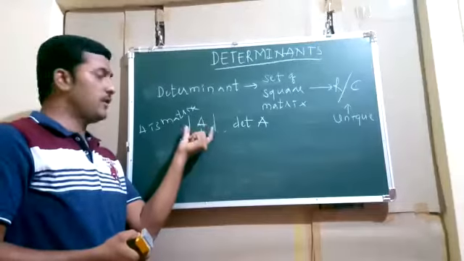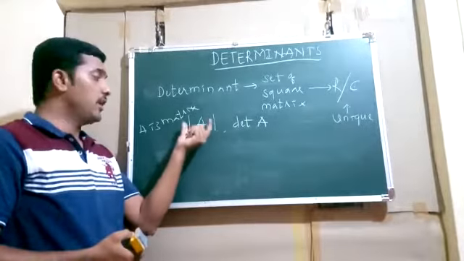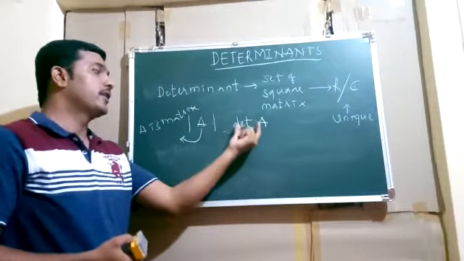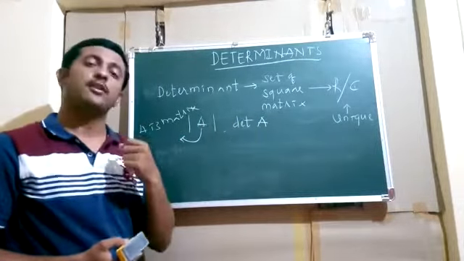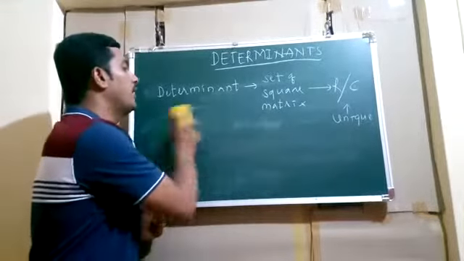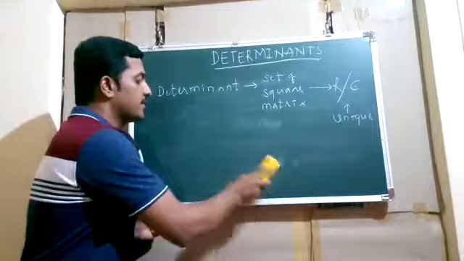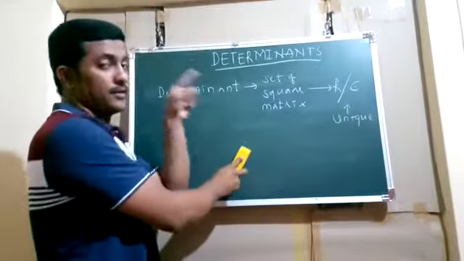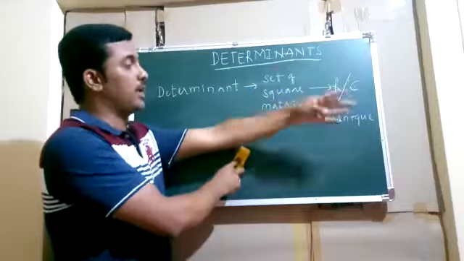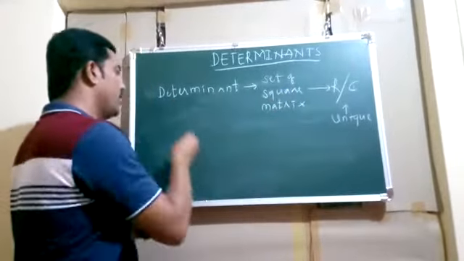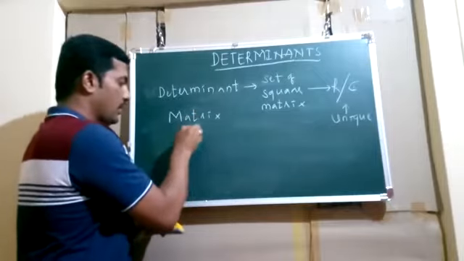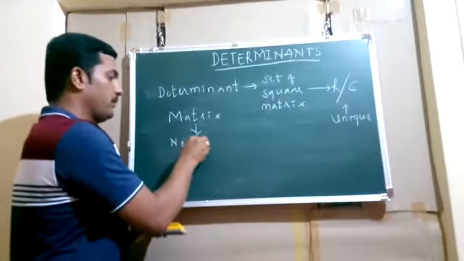We can denote the determinant like this also. Now this is a map from the set of square matrices to a real number or a complex number, and it is unique. Very simple. A matrix has no value, whereas the determinant has got a value.